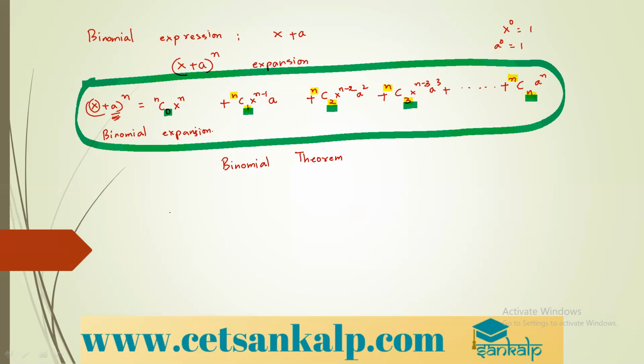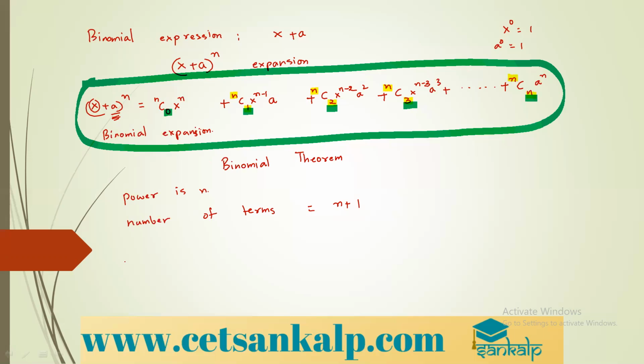So in this expansion, you can see there are many terms. How many terms are there? Because the power is n, I can say number of terms in this binomial expansion will be 1 extra. That is n plus 1.